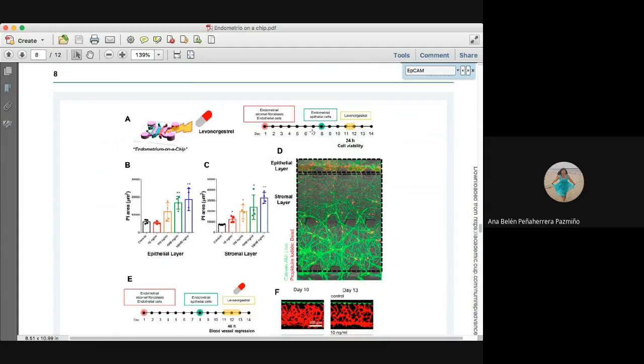So you can see here that they have applied different concentrations of this drug, and they measure the area covered by dead cells with the propidium iodide. So here in red, you can see the dead cells, and the area of these dead cells increases according to the concentration of this drug.